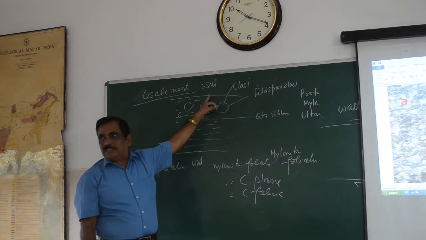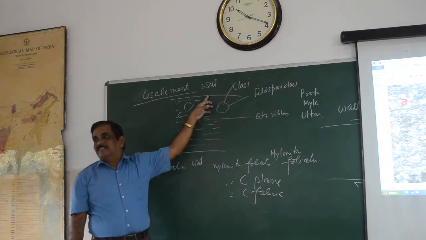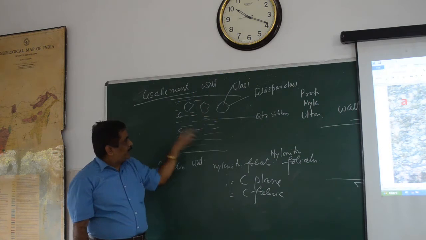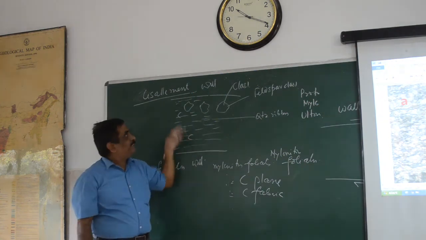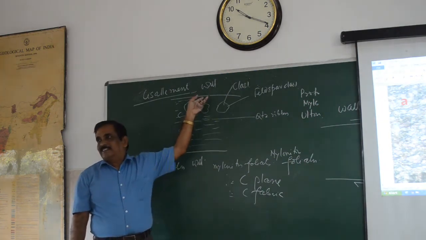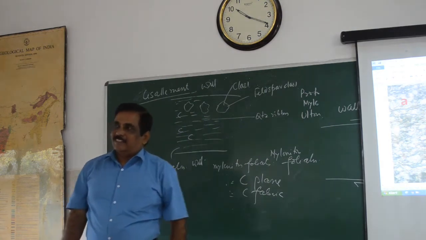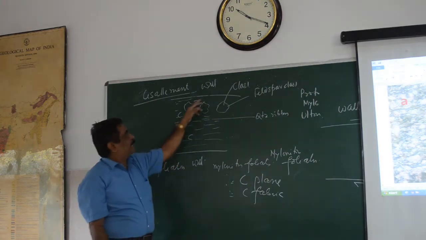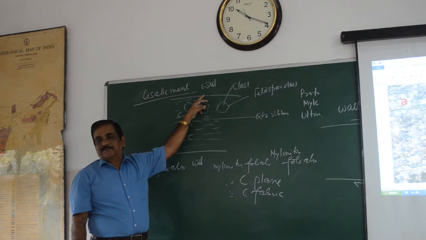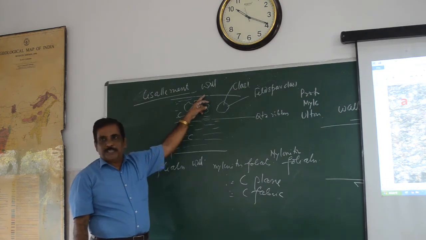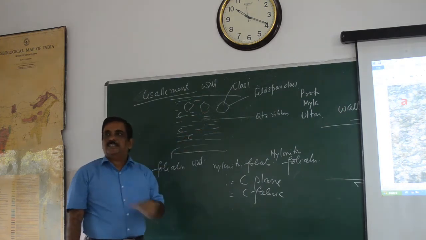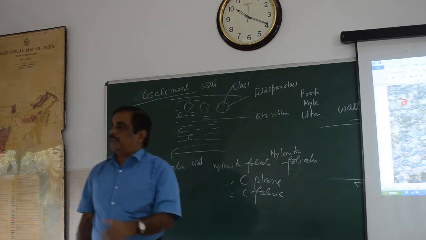You cannot tell because it is not exposed. So you can take the orientation of these planes as the same as the boundary. Follow this point: mylonitic foliation indicates the boundary or the orientation of the major slip.